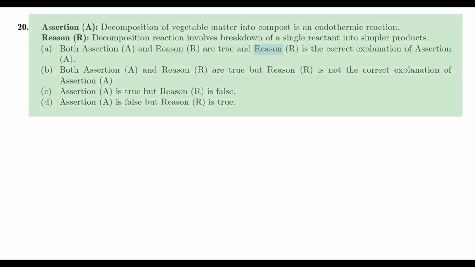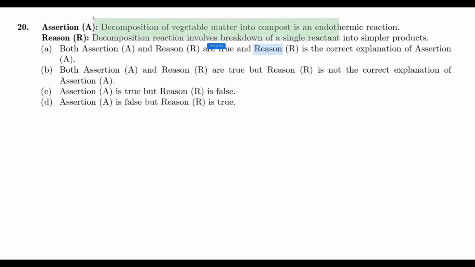It says decomposition. Let me read it: decomposition of vegetable matter is an endothermic reaction. No, it's exothermic. If you have ever made a compost, maybe in a school activity or somewhere, compost is what?